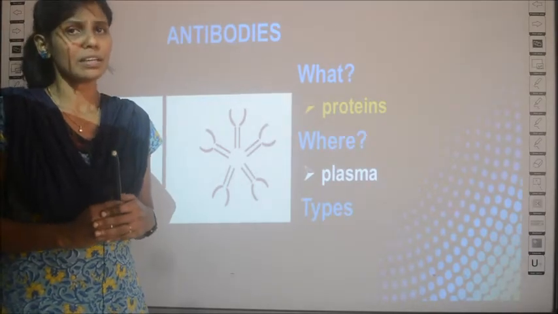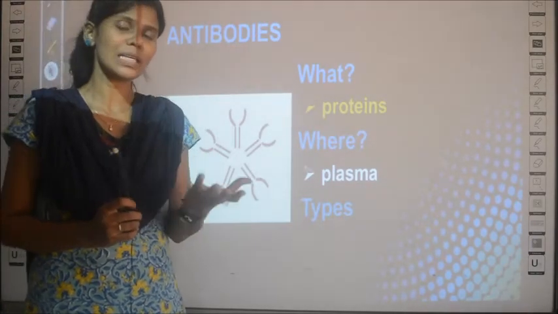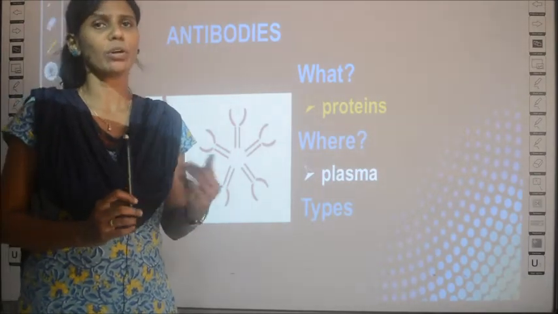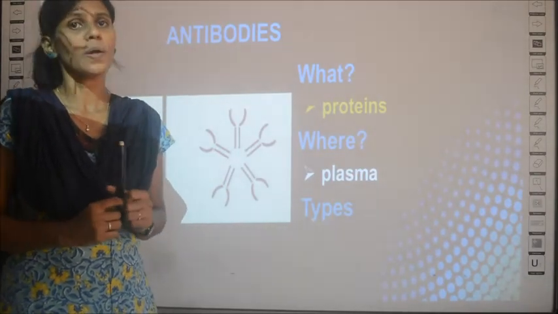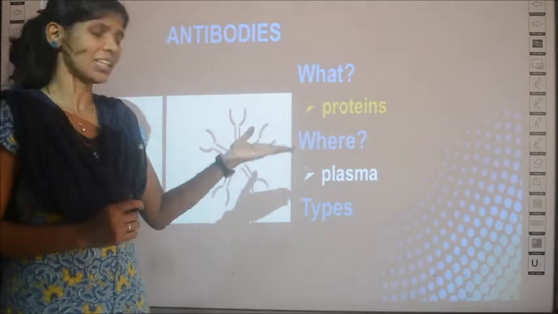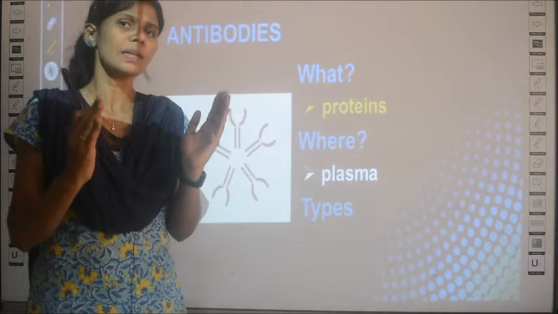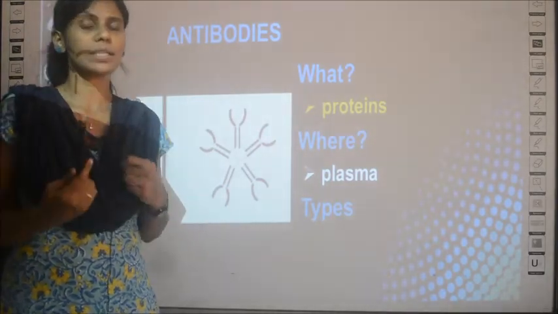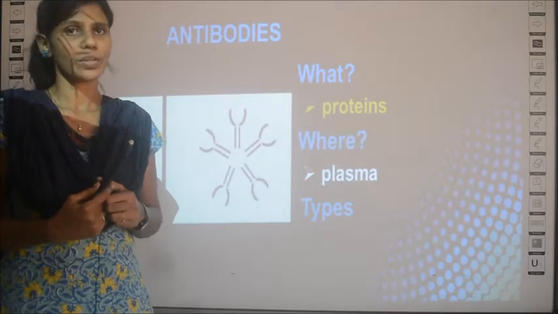Clear? Even now for corona also, plasma treatment is suggested. That plasma is nothing but this one only. The blood is taken, the cells are removed, and the fluid alone is injected as a treatment method. Why?